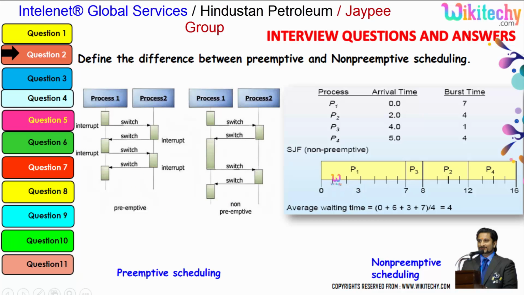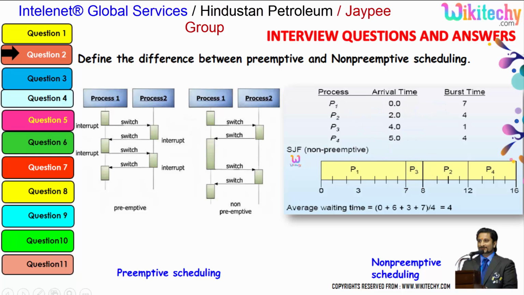Whereas non-preemptive scheduling is like once the process comes, until it finishes, the next process won't start. You can see it here. T1 is there. This is the arrival time 0 and this is the execution time 7. Until 7 seconds, considering these are seconds, the next process is not coming.